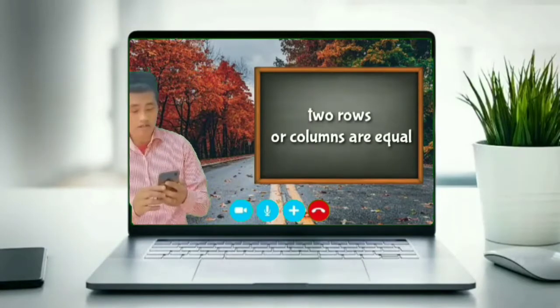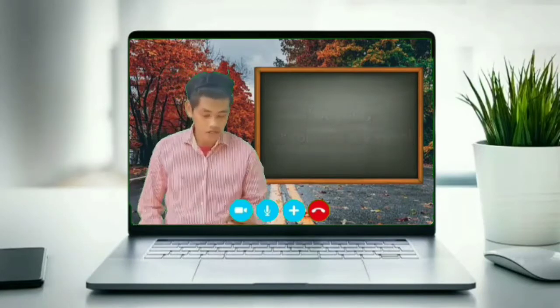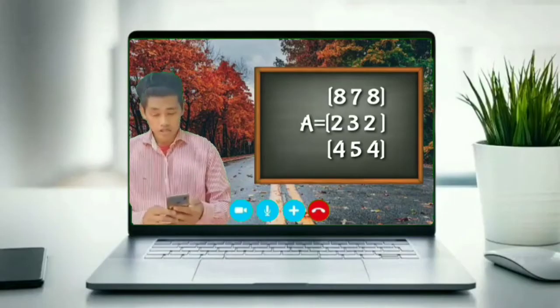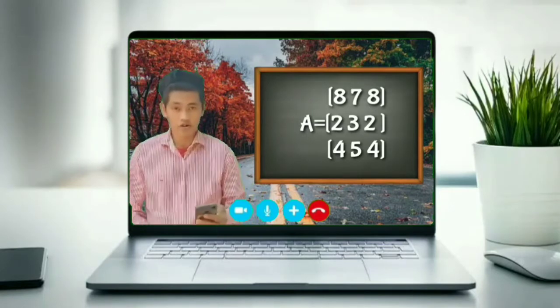Another example is when two rows or columns are equal. For example, A equals 8, 7, 8, 2, 3, 2, 4, 5, and 4.